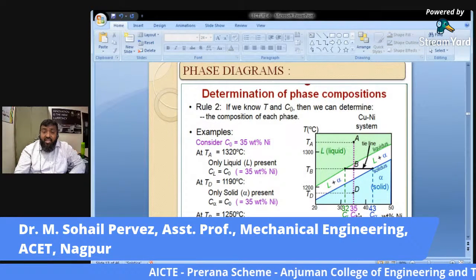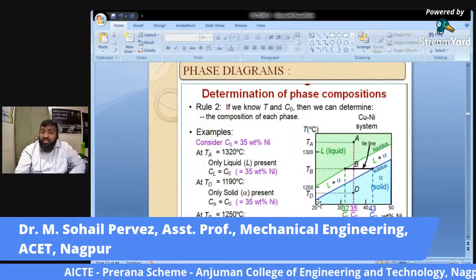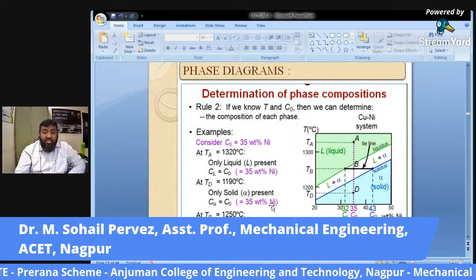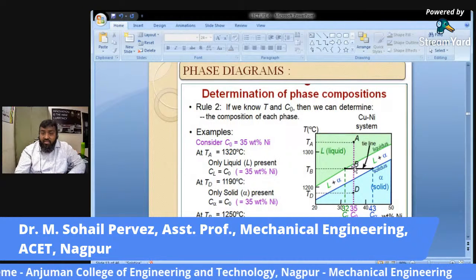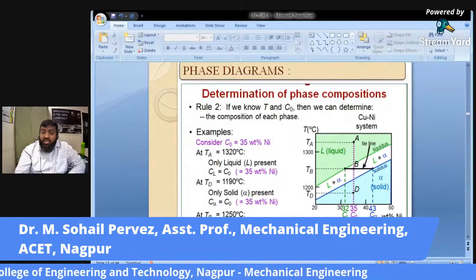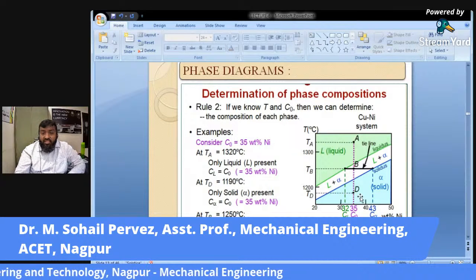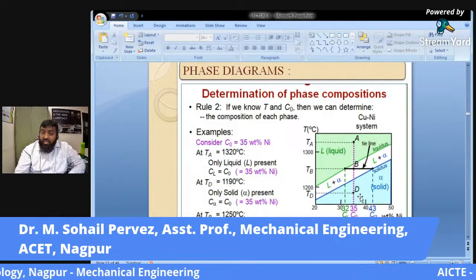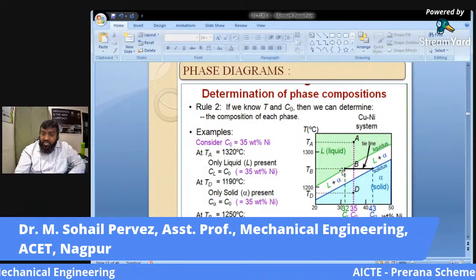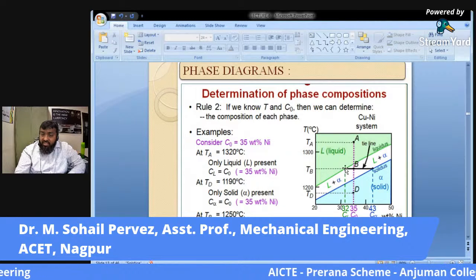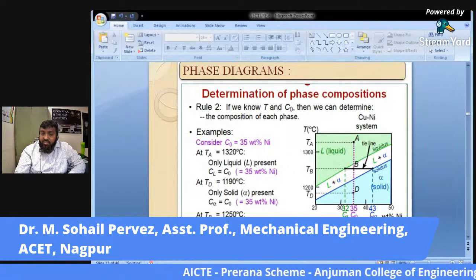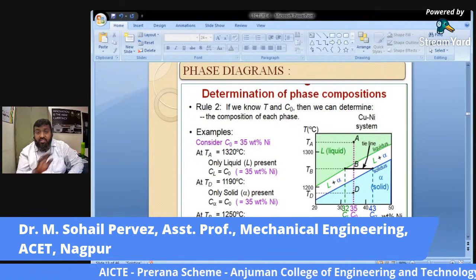That is D. At D, the same ratio will be there. It is very clear from the diagram itself, because at D it is solid. Now here at B, I am repeating this fact. This tie line divides this into liquidus and solidus. So this is in both the cases.